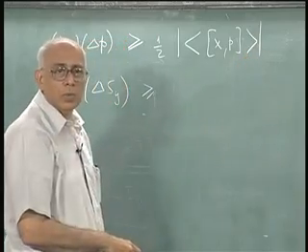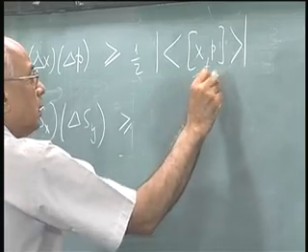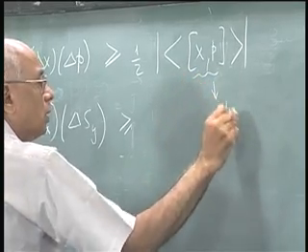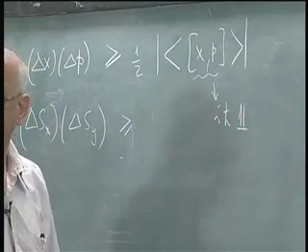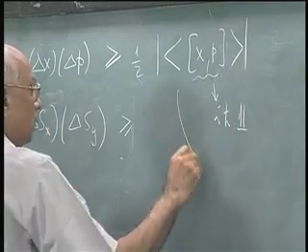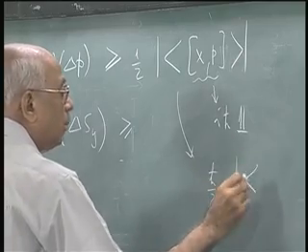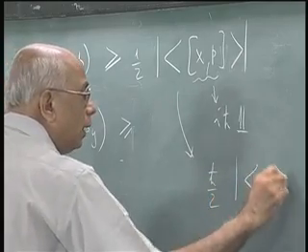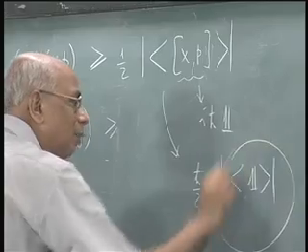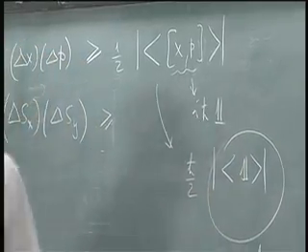That is certainly true, but it so happens that this commutator is equal to i h cross times the unit operator. Therefore this thing here becomes h cross over 2 times the modulus of the expectation value of the unit operator, but this is by definition 1 no matter what you do.